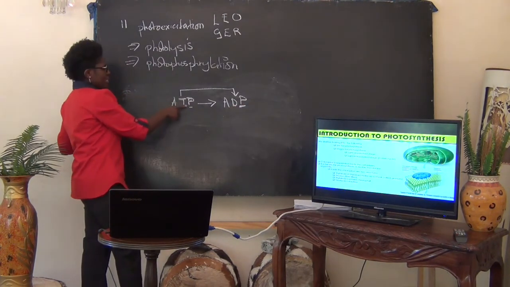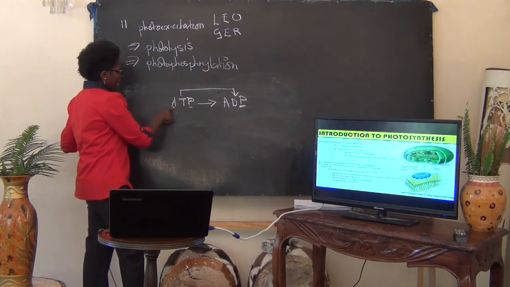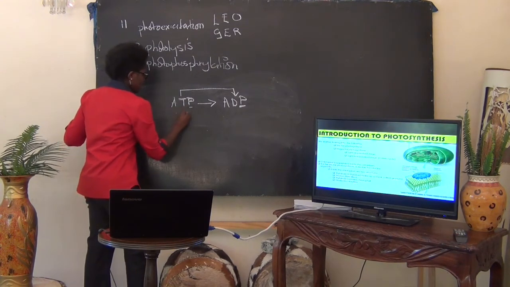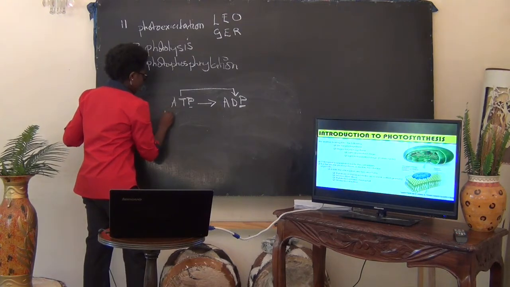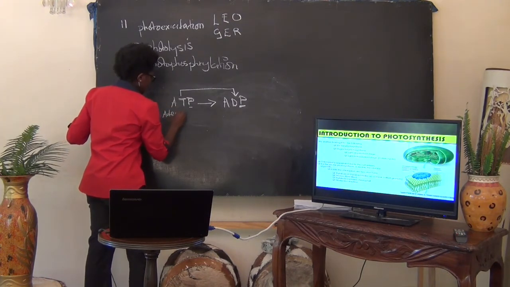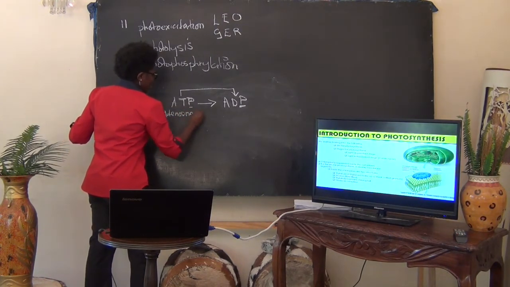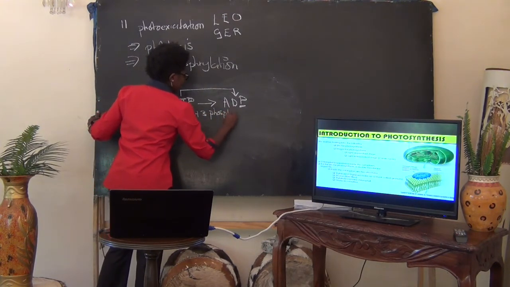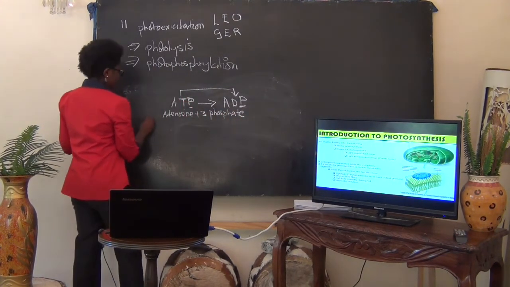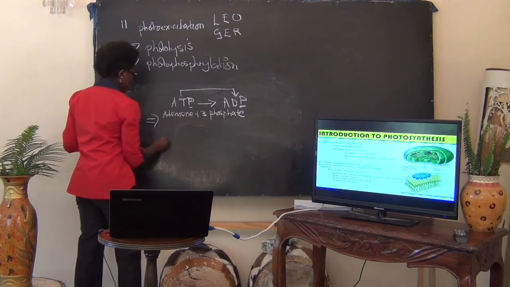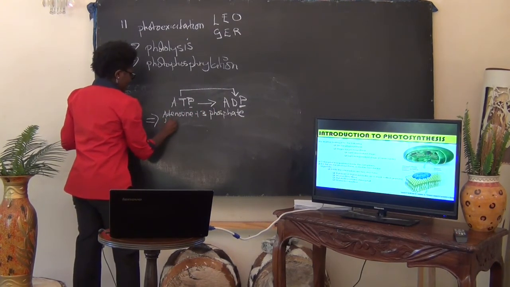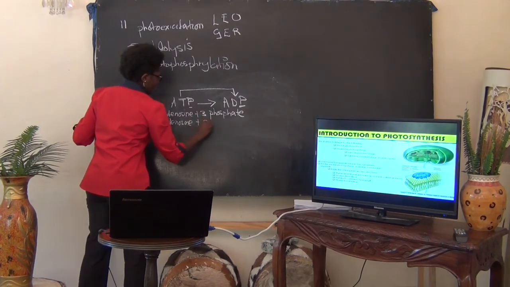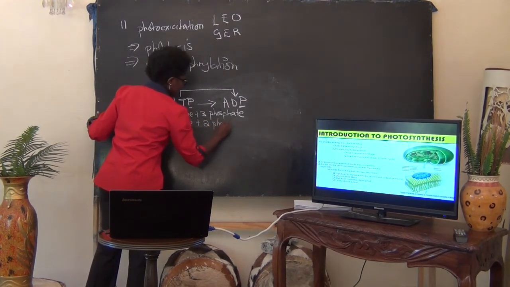We are saying that this is ATP. ATP meaning adenosine triphosphate. Tri means 3. So this molecule is made up of adenosine plus 3 groups of phosphate, and the other one, ADP molecule, is made of adenosine as well, plus 2 groups of phosphate.